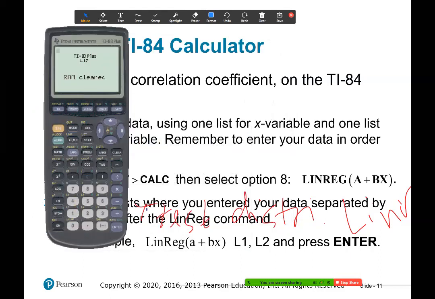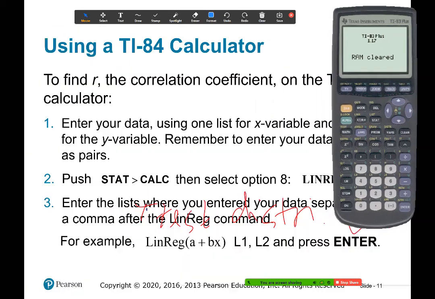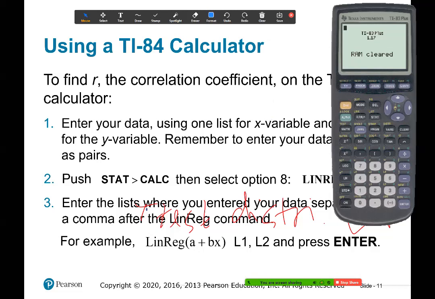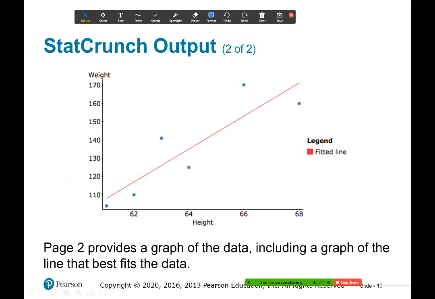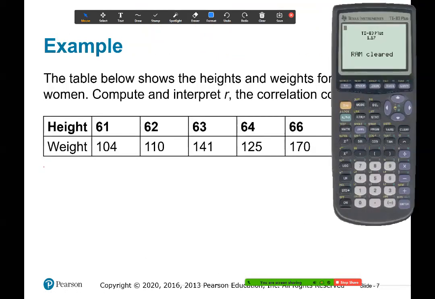In order to use the TI-83, first you have to put all the data numbers in. I have to put the list. So click on stat first and click enter. All right, so you have L1.